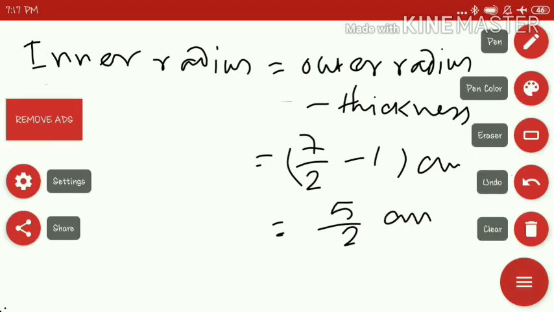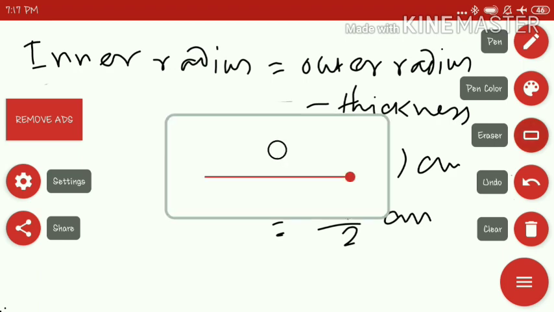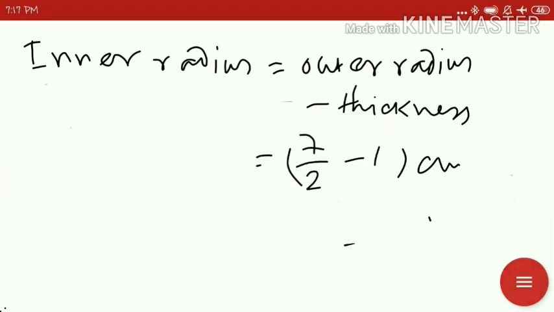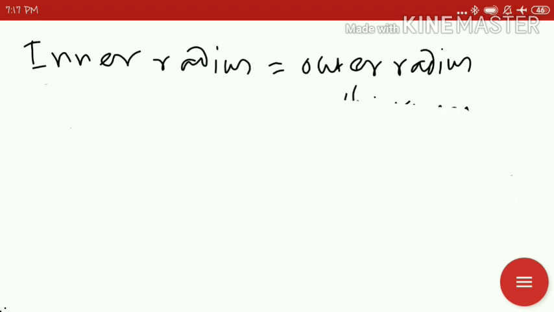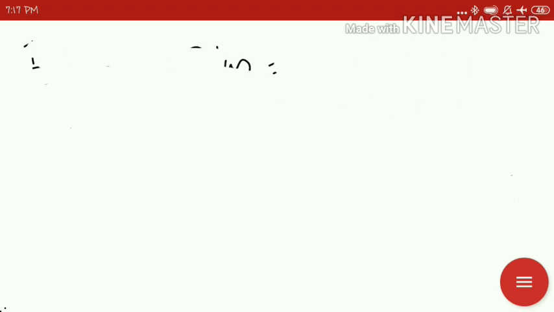Now we are going to find the inner curved surface area and outer curved surface area. As I have already found the inner radius, I will find the inner curved surface area first.